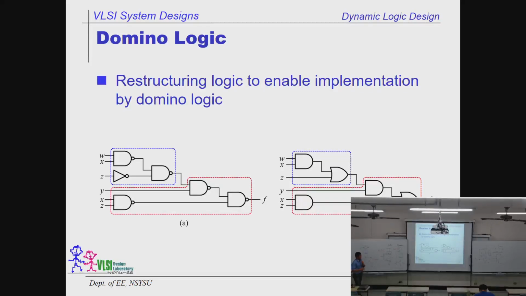Another issue for dynamic domino logic is that it cannot implement negative functions, so it's better to convert NAND and NOR into AND and OR. This is called bubble pushing. Bubble pushing is quite an easy thing.